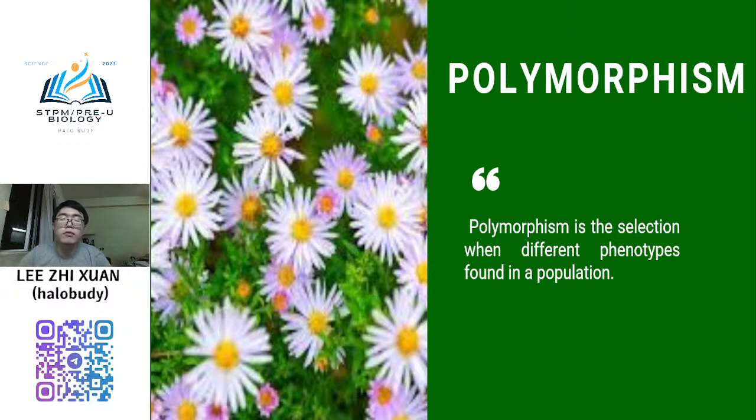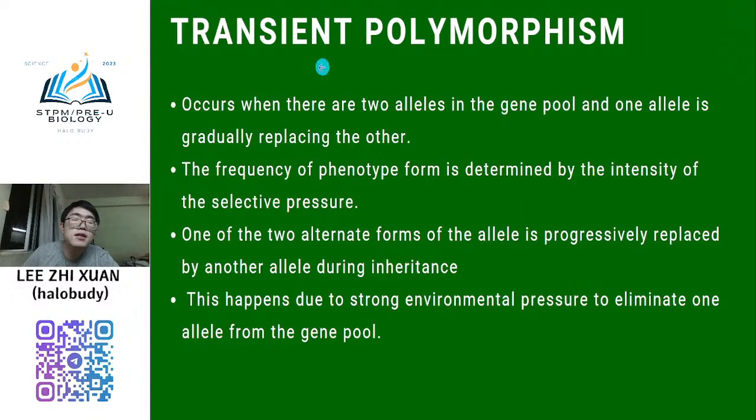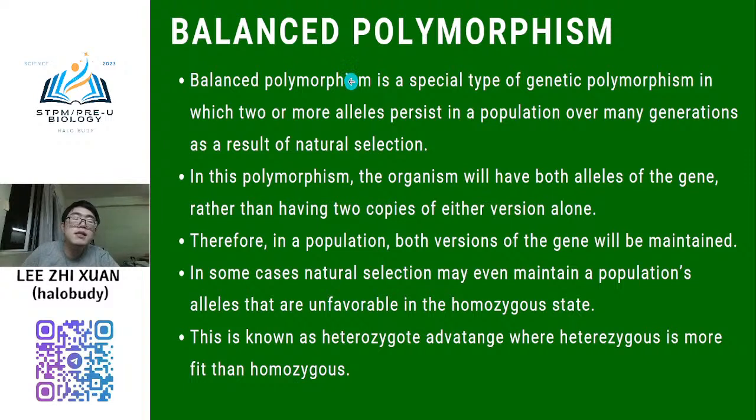Okay, so normally there are two types: balanced or transient polymorphism. Balanced polymorphism is a special type of genetic polymorphism in which two or more alleles persist in a population over many generations as a result of natural selection.